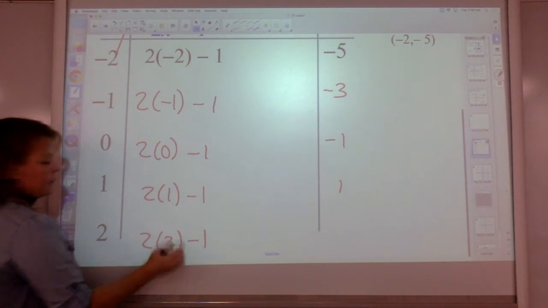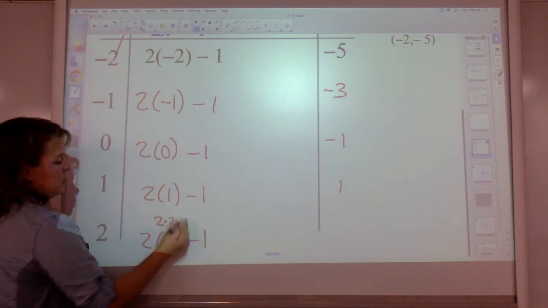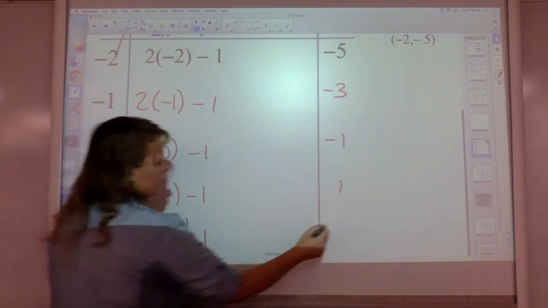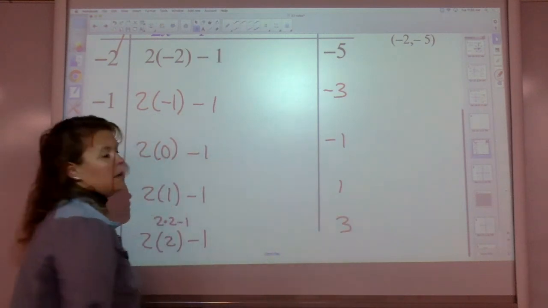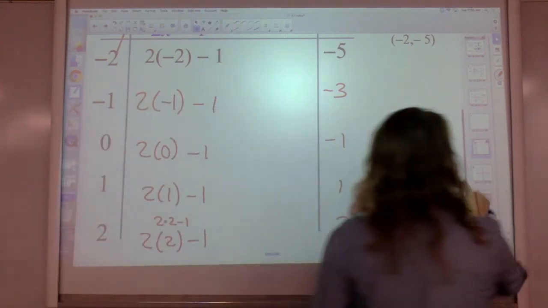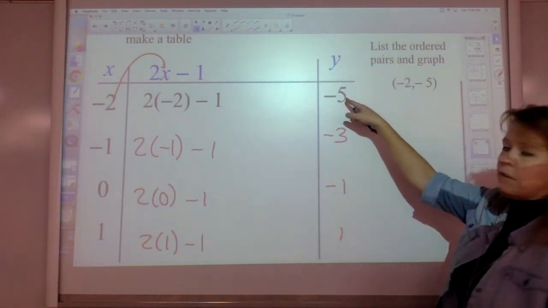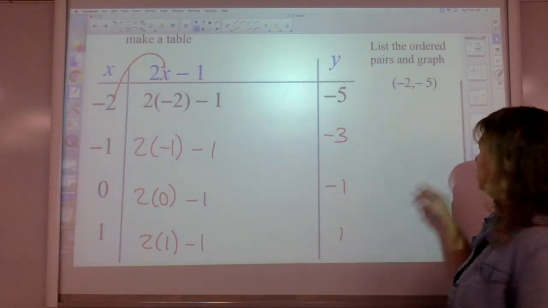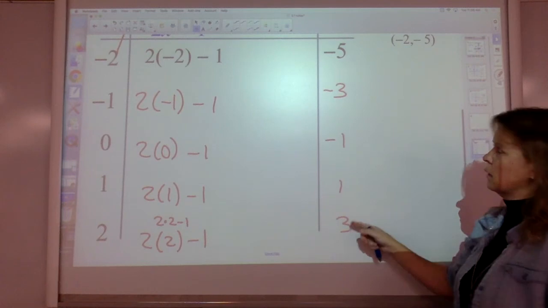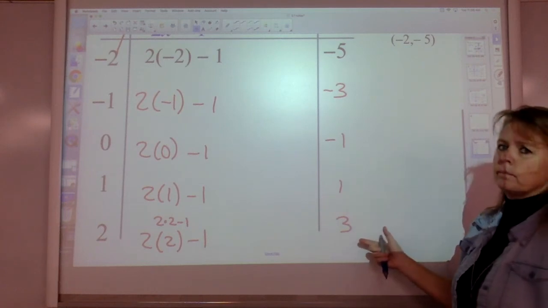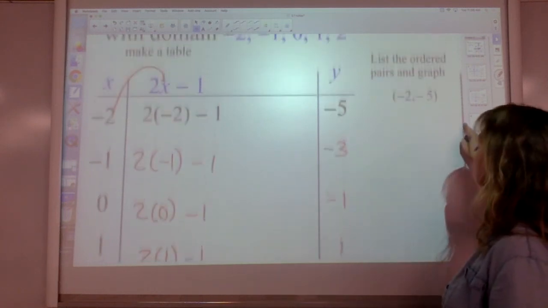Don't even need the parentheses. You can type 2 times 2 minus 1. And you get 3. Little pattern going on over here. This pattern went -5, -3, -1, 1, and 3. Will that always happen? When we're working with lines, it will.